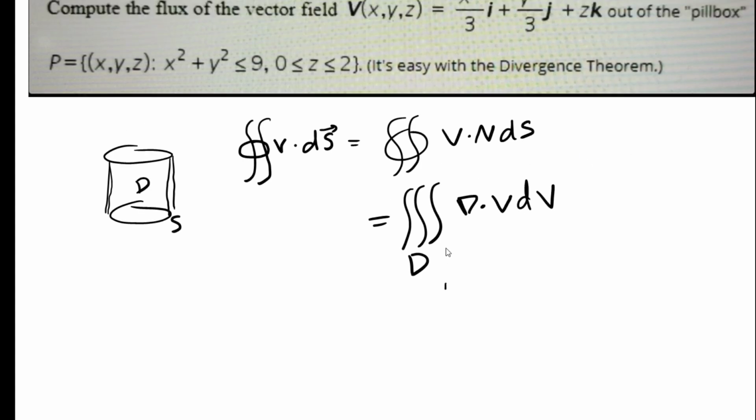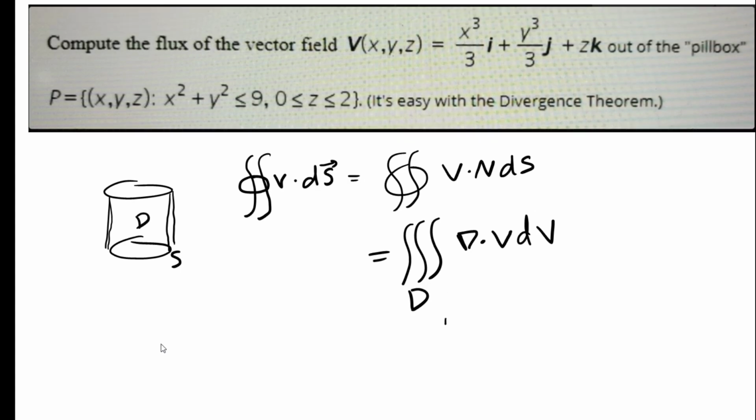First thing I should do is compute the divergence. The divergence of v is dv, the x component, dx.